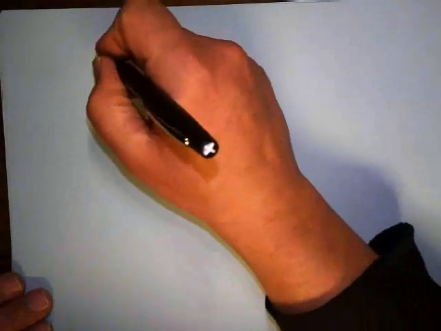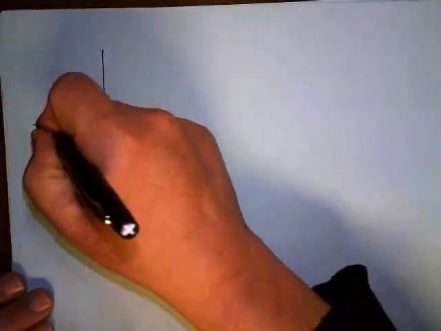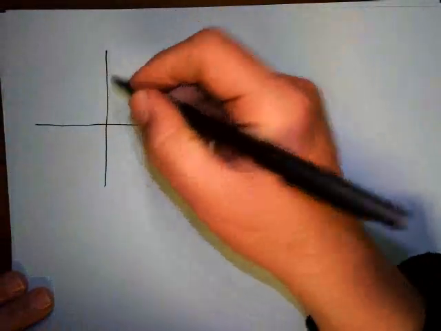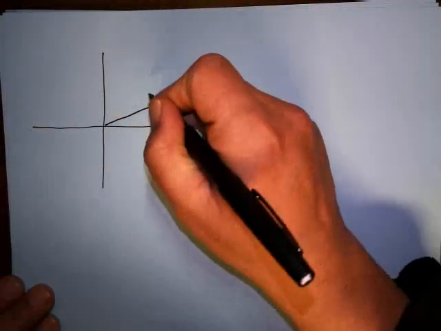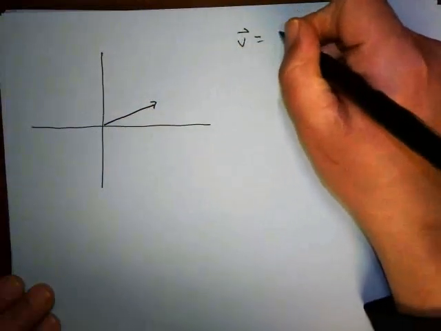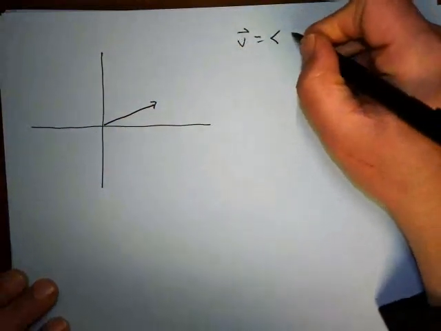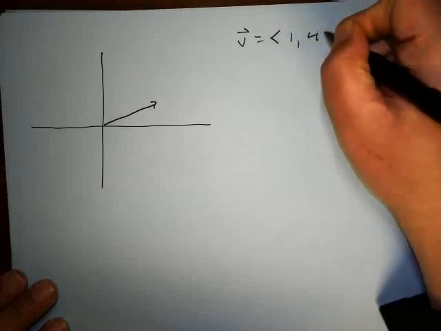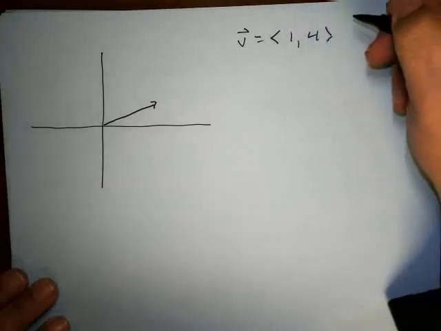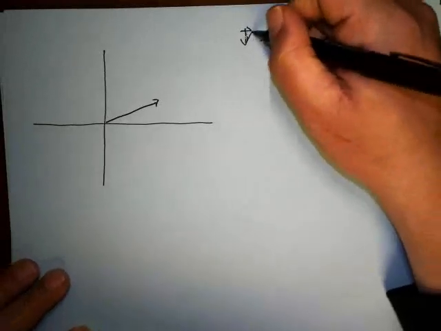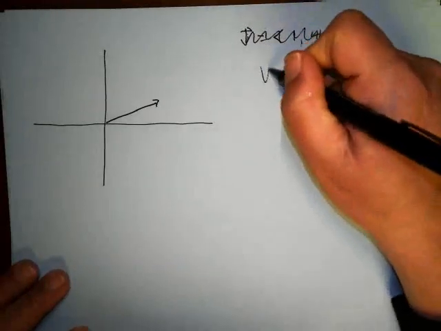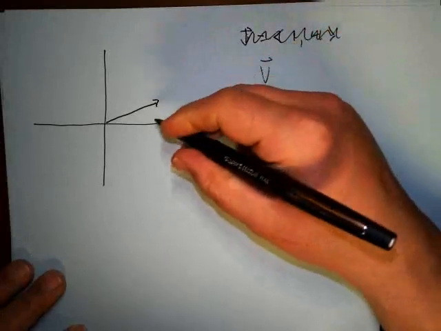Just make it a little bit bigger. I'll do this one, and I'll say v is, let's just say 1, 4. Oops. Sorry, it wouldn't be that. I meant 4, 1. Or let's say that's 4, 2.